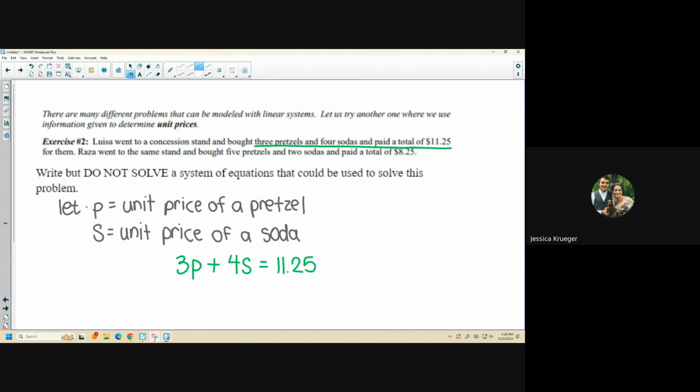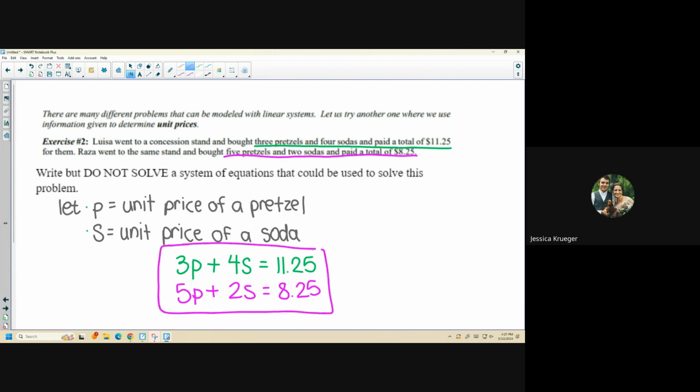Because I have 2 variables, I need 2 equations to solve this. So where's my second equation? Right here. Raza went to the stand and bought 5 pretzels and 2 sodas. So that would be 5P plus 2S equals $8.25. And there's my system. I'm not going to worry about solving it. We're just setting it up.